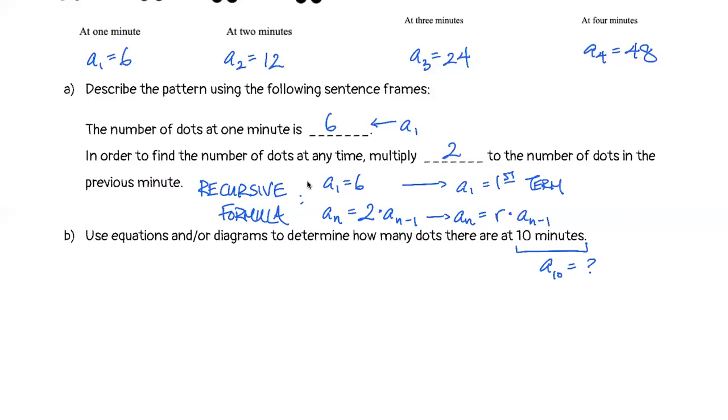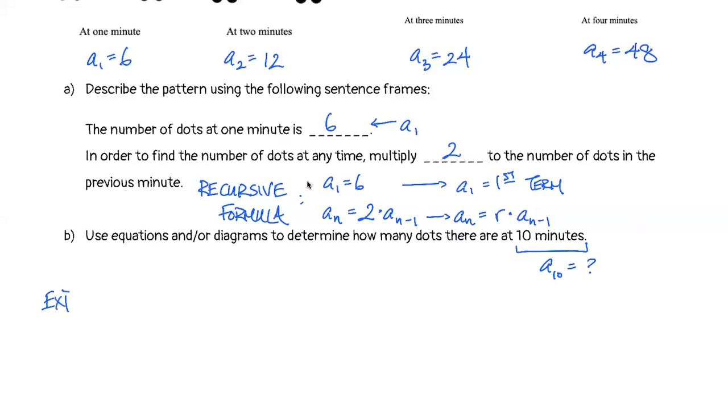Right, so I could just keep multiplying, right? I could just do 48 times 2, and then that times 2, and then that times 2, and then that times 2. But that gets tiresome after a while, right? So the recursive formula might be good for the first few terms, but when we go beyond that, we're really trying to say, we hope there's an explicit formula, okay?